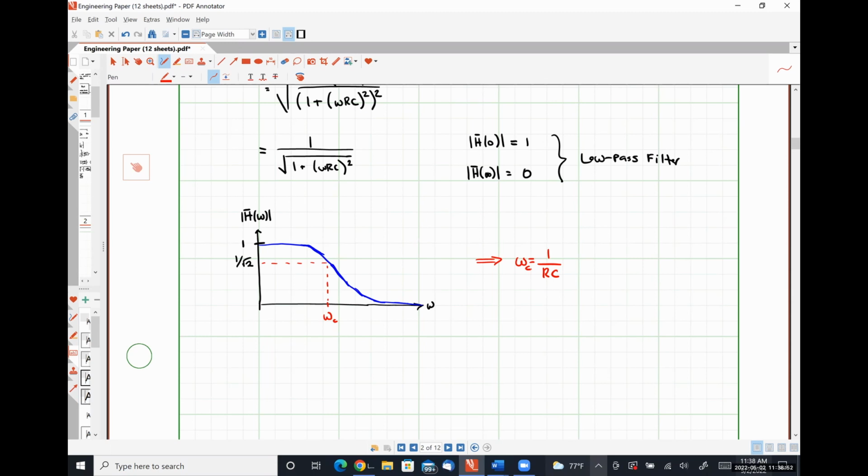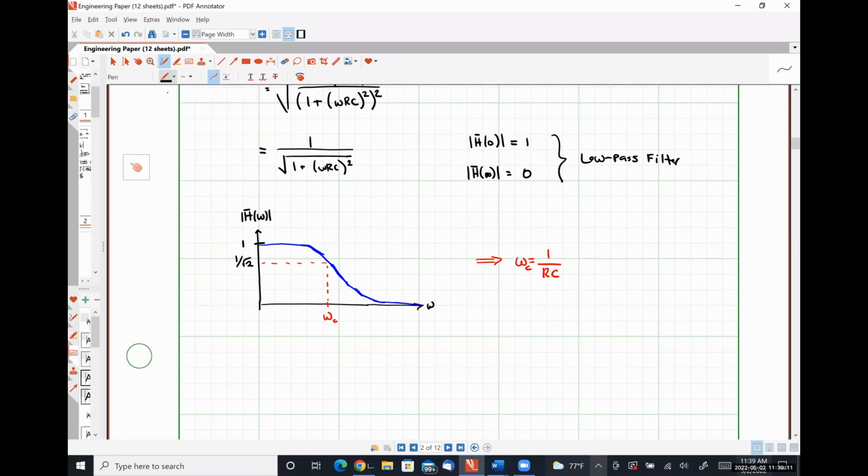Now, one thing that I do want to point out is that this is telling us what our angular cutoff frequency is. But as engineers, we typically work and measure things using linear frequencies.